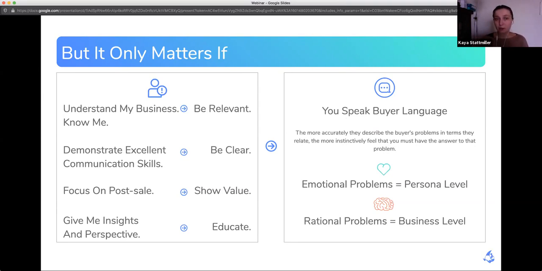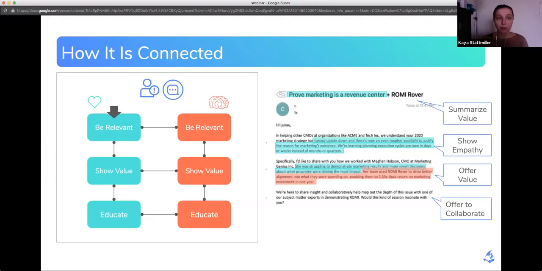And this is how they actually come together. You need to take the big problem. You need to take the buyer language. Then you need to take the key elements of the emails and distinguish them between the emotional side and the rational side, and you always start with the emotional side.